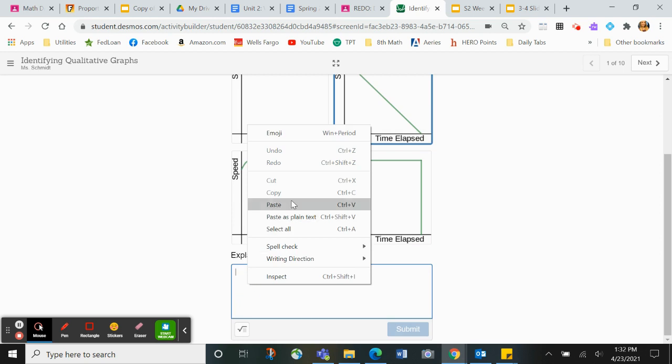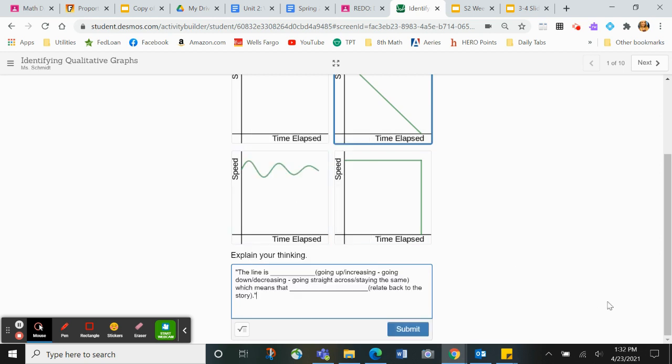So this is where they were instructed to paste the sentence frame. That way they had choices and they could choose, okay, I know that the line is going down, so I will choose going down. The line is going down, or they could have said decreasing, which means that, related back to the story, okay, well, I know that the story says that the car is pulling into a driveway, so the line is going down, which means that the car is pulling into the driveway.